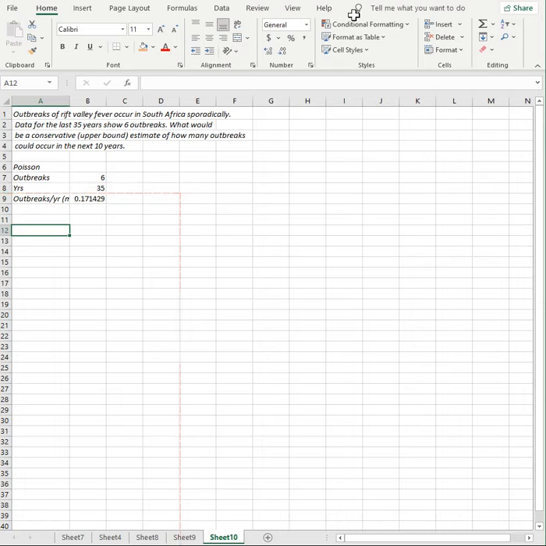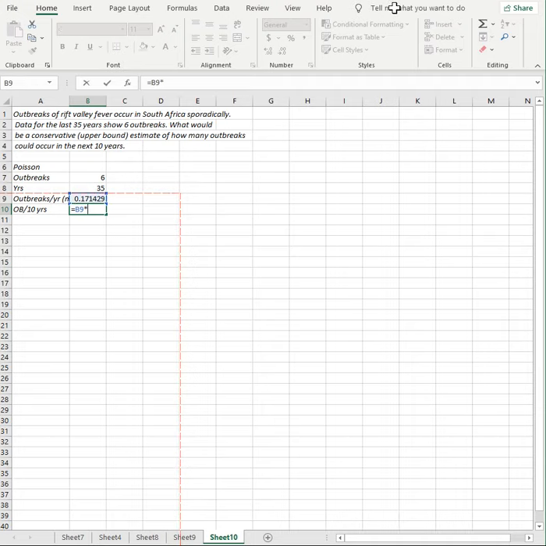We could keep it as a year, just per single year, or we could make it the mean per 10 years. So outbreaks per 10 years, and you just want to multiply by 10.